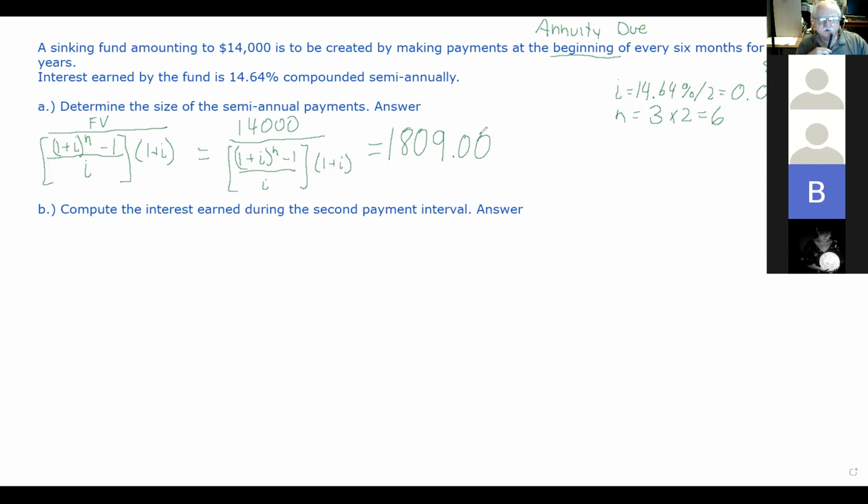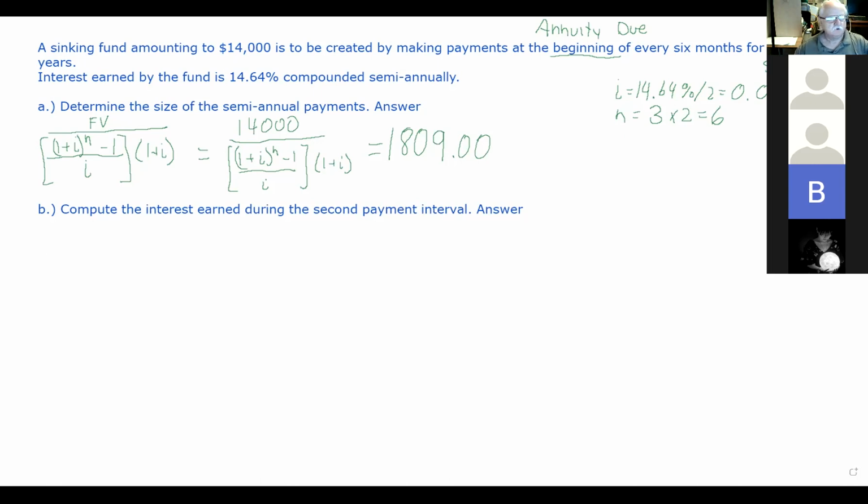So compute the interest earned during the second payment interval. So what we're going to have to do is find the value of the fund after the first interval and then multiply it by I to find the interest in the next interval.